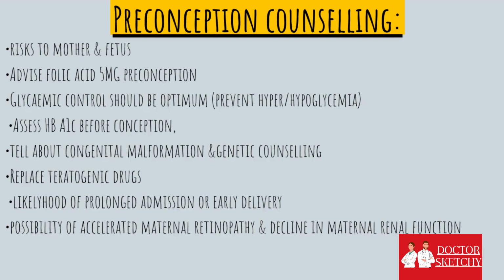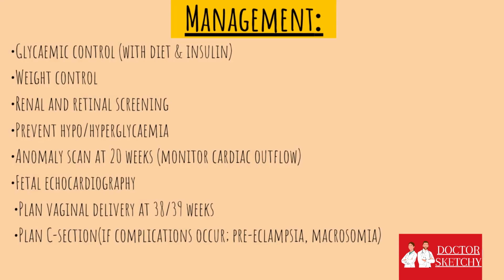When it comes to management, this is the most important part as you can prevent so many complications by managing this case properly. Control the glycemic index with diet first and then with insulin. Weight control, as obesity was also a risk factor.